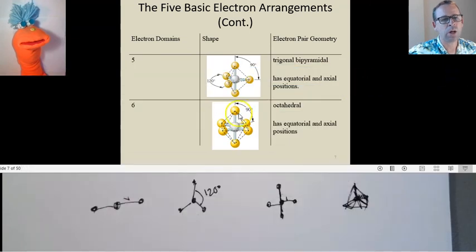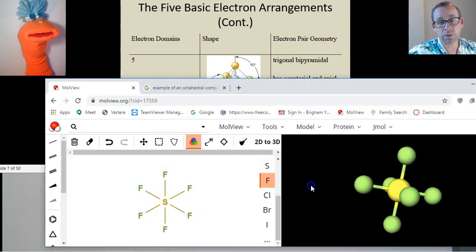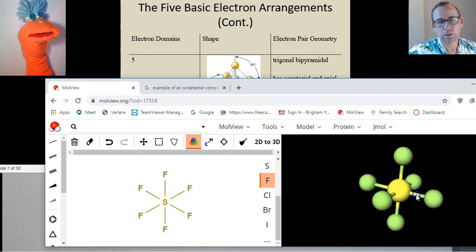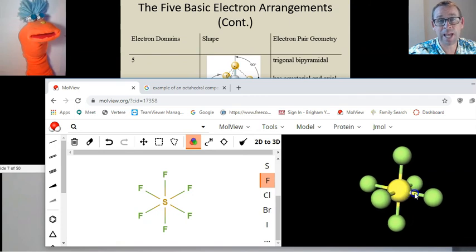Okay, so if I have 6 regions of electron density around a central atom, the resulting shape is what we call octahedral. So if we look at an example of a central atom with 6 regions of electron density that are binding, 6 bonding regions around it, we get this shape. This shape is called octahedral because it has 8 sides to it. Again, if it were to be turned into a dice or a die, right? 8 sides.